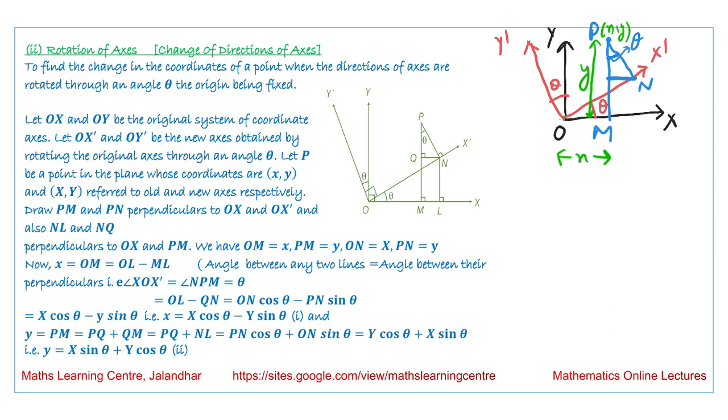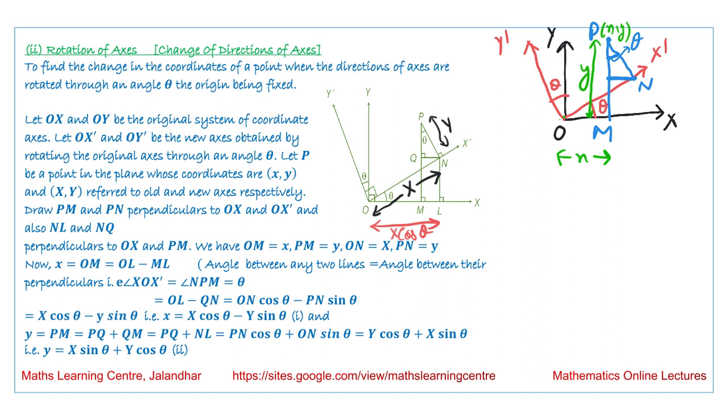This length ON is capital X, and the length PN is capital Y. So, if we measure the length OL, that will be equal to the value ON, that is capital X into cos theta.